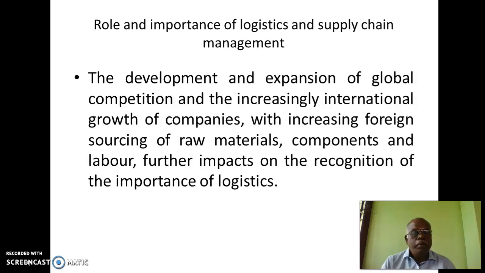In the case of raw material also, the manufacturer or companies may import from foreign countries. For example, Coimbatore was famous for manufacturing thread or yarn, which is used in textile cloth factories. But of late, what has happened?